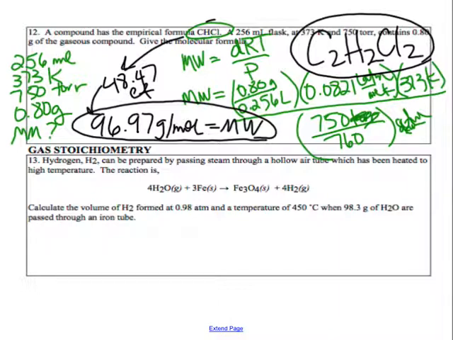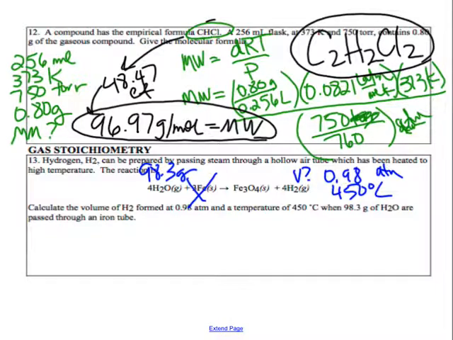So in this problem, hydrogen can be prepared by passing steam through a hollow air tube, blah, blah, blah. Calculate the volume of H2 formed, and they're giving us a set of conditions, this is atmospheres, when 98.3 grams of water are passed through the tube. We're assuming this is an excess. So any ideas of how I'm going to do this?